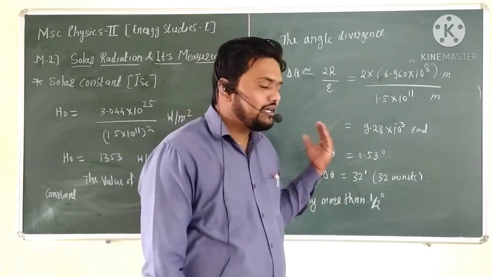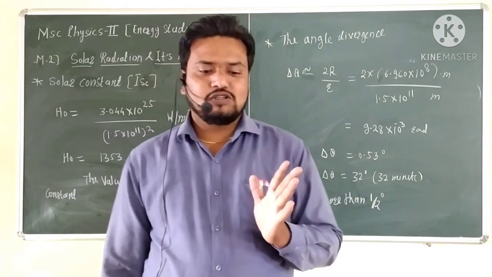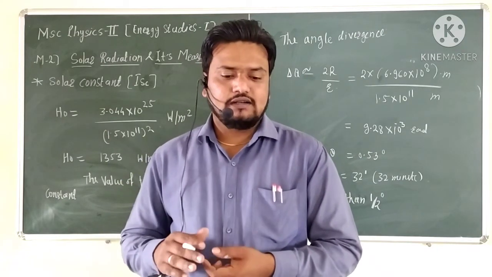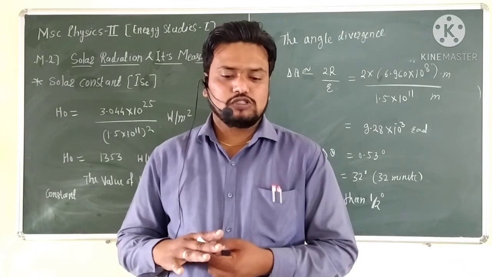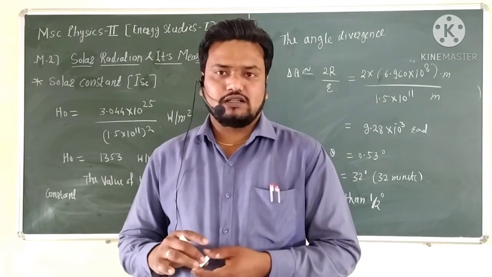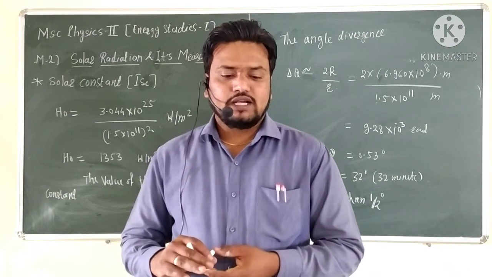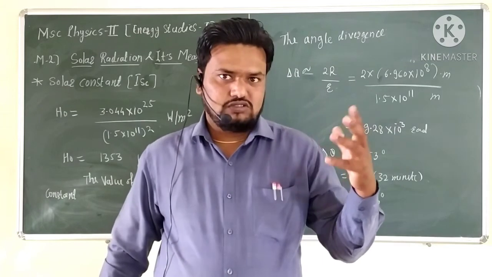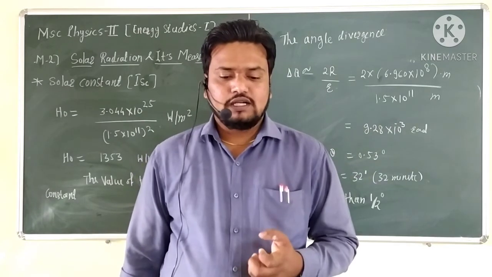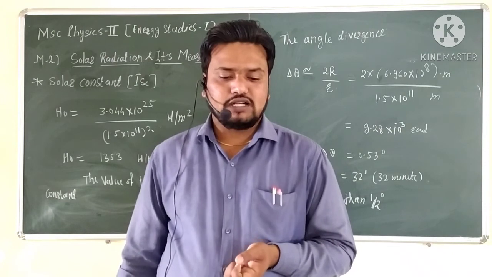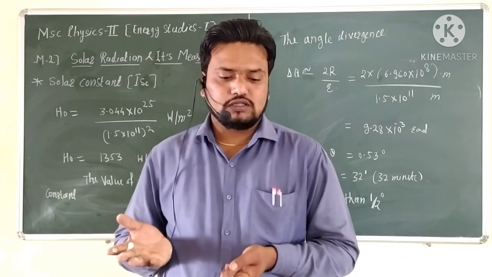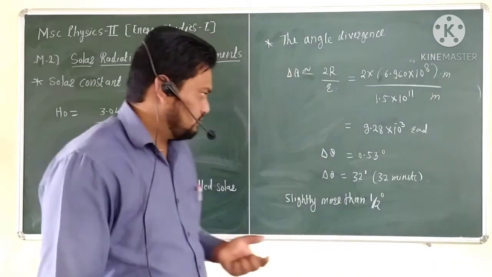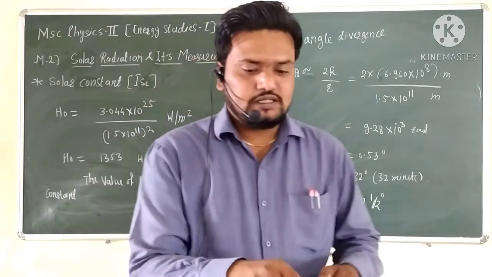Based on this calculation, we say that it is monodirectional radiation. We also have to know that the earth revolves around the sun once in a year in an elliptical orbit, which is nearly equal to a circular orbit, and the intensity of solar radiation I that reaches the earth can be approximated by an equation.